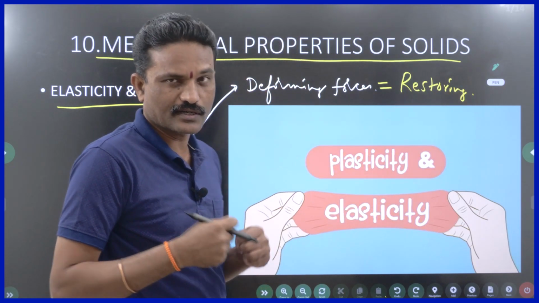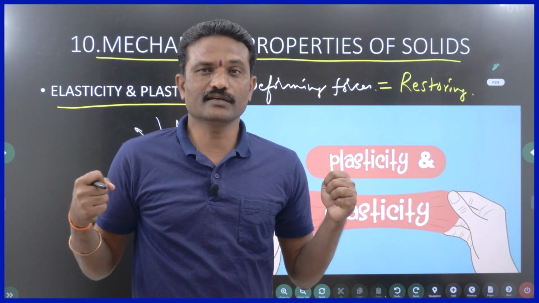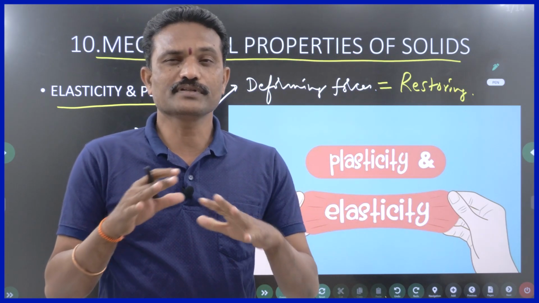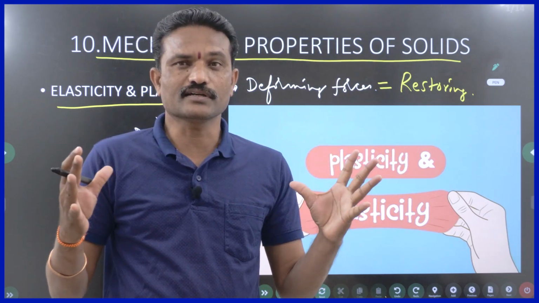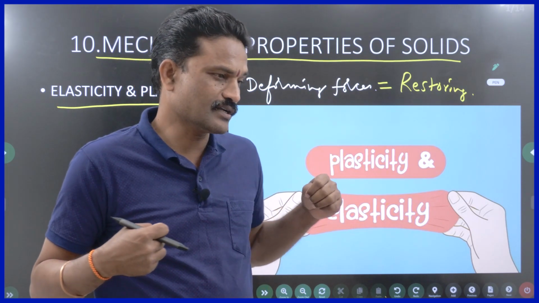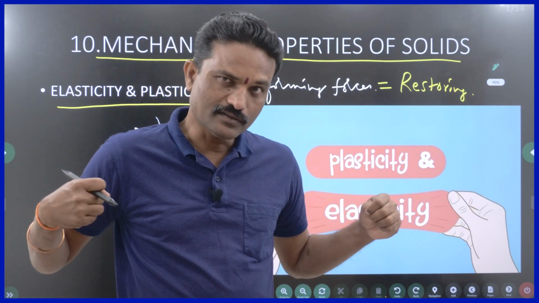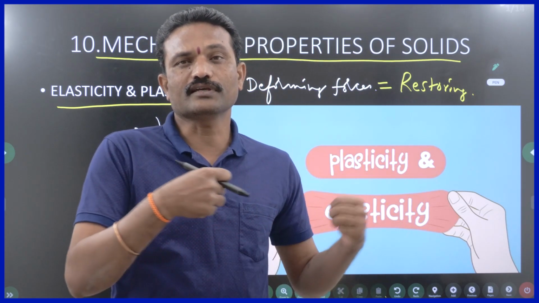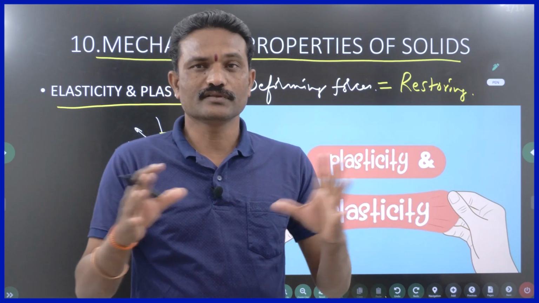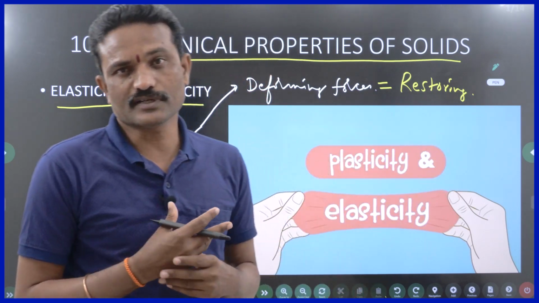Suppose you have a car and unfortunately you had a head-on collision with something else. What happens to the shape and size of the car? It will change. So suppose a car had a head-on collision with another car. Because of that, there will be some change in the shape of the car.